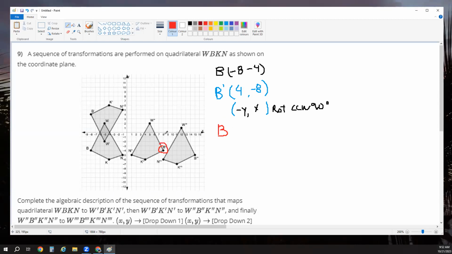And so that one is 8, comma, -4. So in terms of blue, this is going to be -y, -x. That is a reflection.